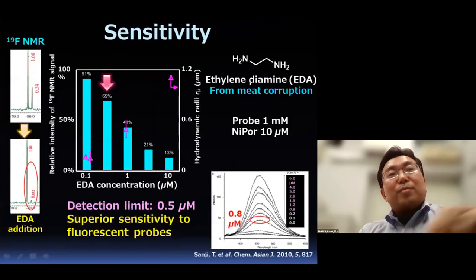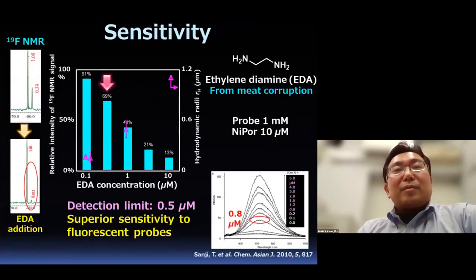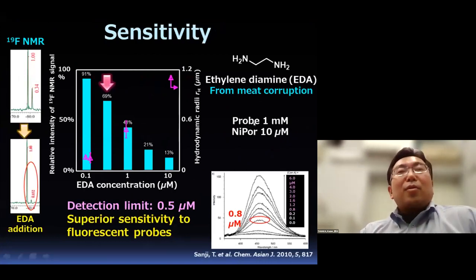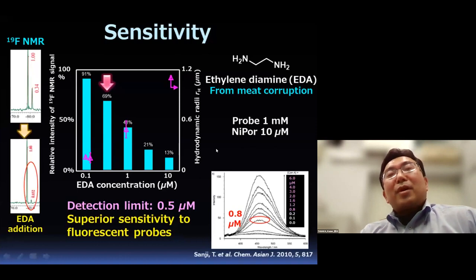Initially we compared the sensitivity to the fluorescence probe. Basically, fluorescence probes have almost 1,000 times higher sensitivity than MR probes.